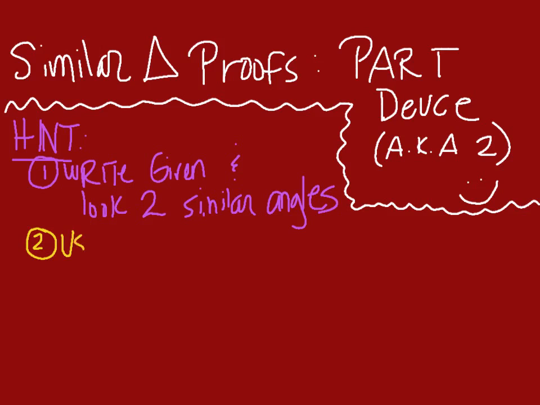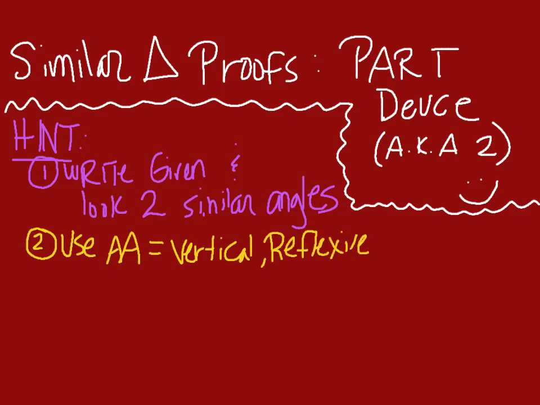So the second thing, after you write down the given, you're going to look for 2 similar angles to mark. So we're going to use AA every time. The angle things that you're going to be looking for is this. You want to look for vertical angles. If you have vertical, mark those. If you have reflexive, and I'll show you what all of this is going to look like. Then the other thing you want to look for is if you have parallel lines.